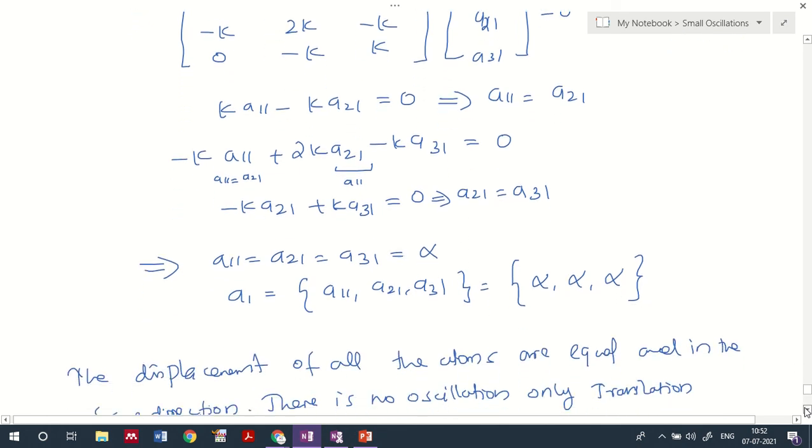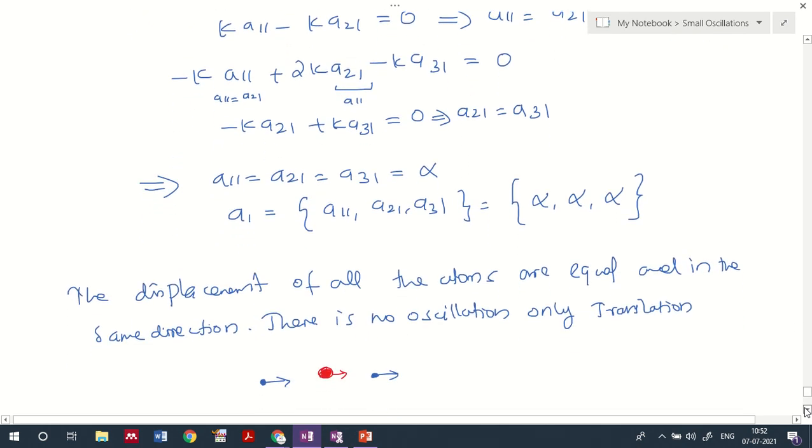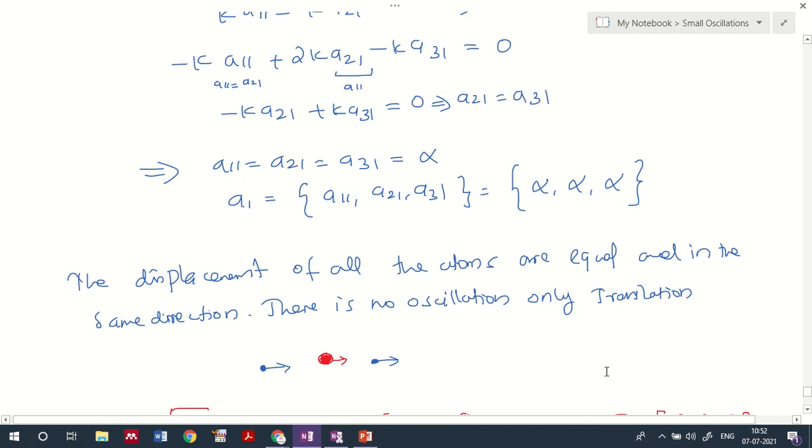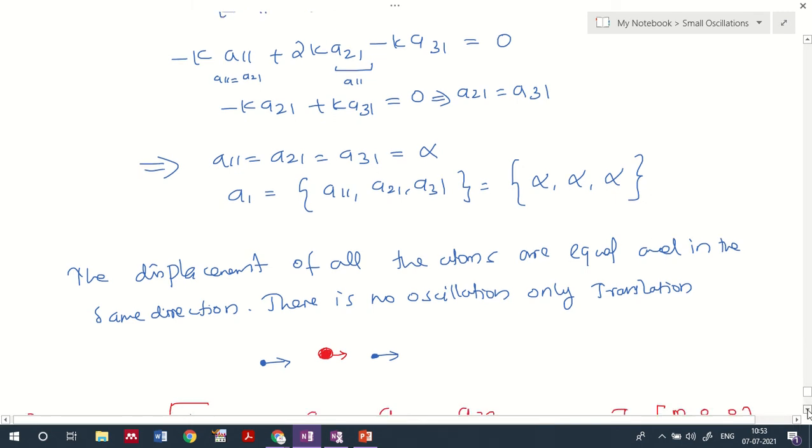Now the inference we get here is that the displacement of all the atoms is equal. So when you consider omega 1 equal to 0, that is the first normal frequency associated with the triatomic molecule, the displacement of all the atoms is equal and in the same direction, and there is no oscillation, only translational movement you can expect with that frequency omega 1 equal to 0.